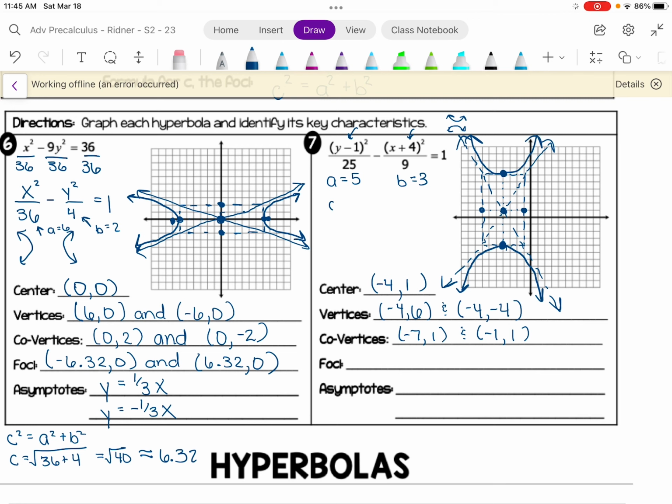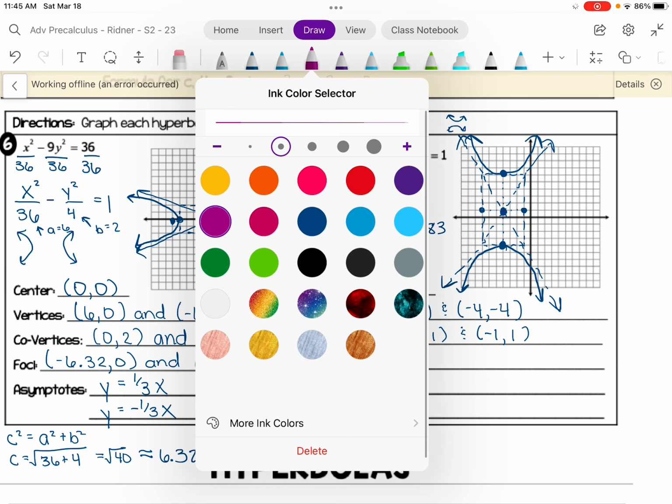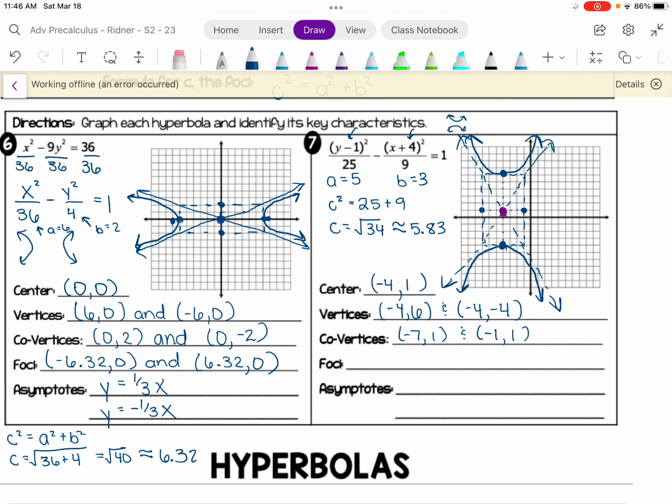For my foci, 25 plus 9, the square root of 34 is approximately 5.83. This one makes it a little harder. What that means is from the center, so remember center's right there, the pink dot I just drew. I'm going to go up 5.83 and I'm going to go down 5.83.